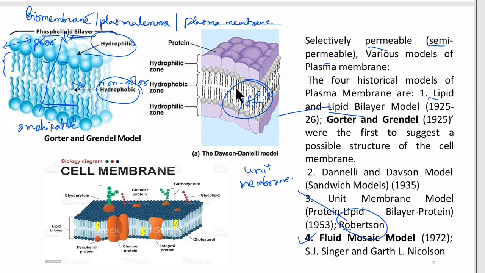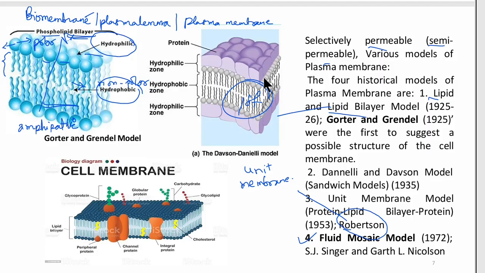They studied RBC and found that the lipid extracted from the RBC's membrane, after suspending in water, spread as a monolayer at the air-water interface, and the area occupied by this monolayer was nearly twice the total surface of the intact RBC.